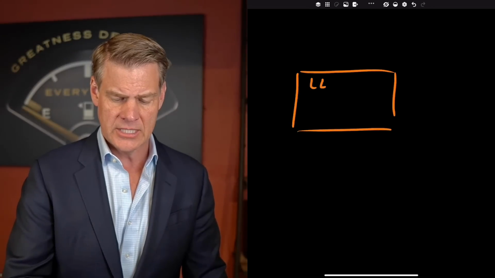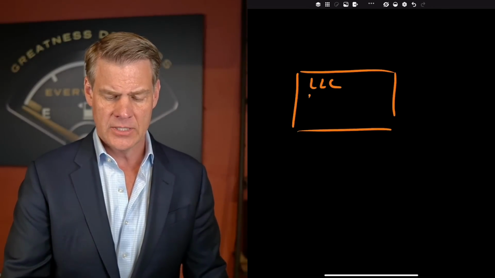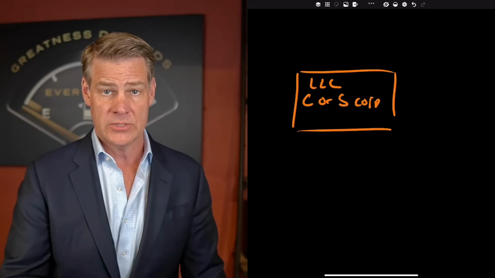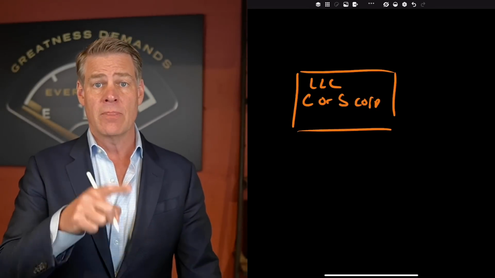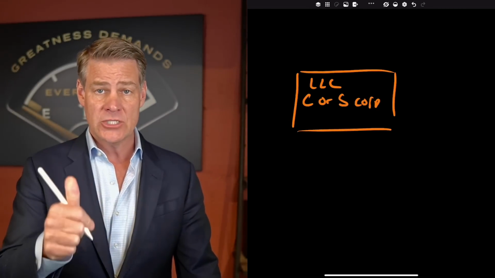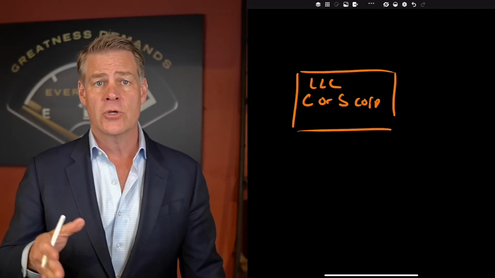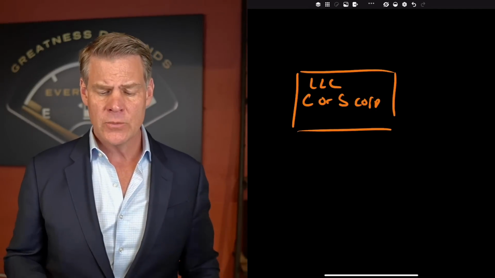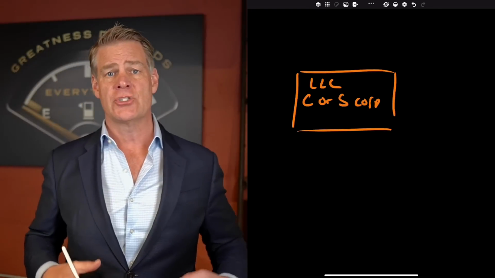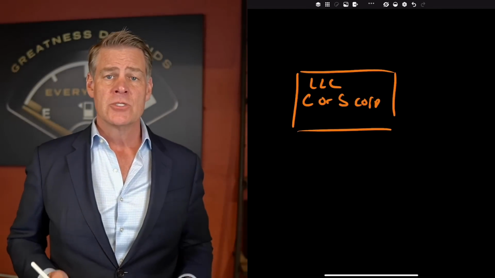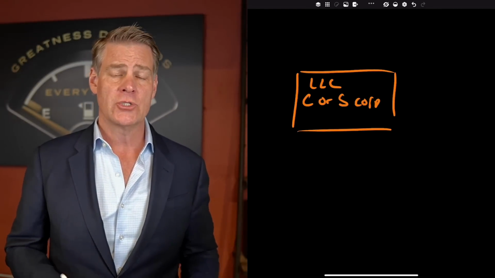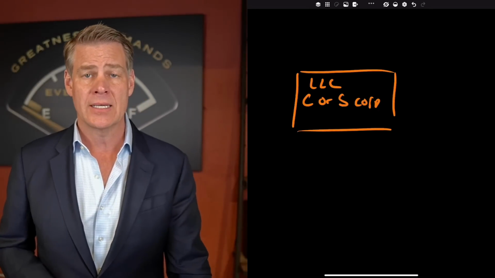Here's my LLC, and it's treated either as a C or S Corp for federal tax purposes. So in the last example, that entity was a disregarded entity or a partnership. Now, when you're flipping or you're wholesaling, the issue is the type of income that's generating. It's generating active income. So now we have to look at ways to reduce that overall income to ourselves, the taxation on that.